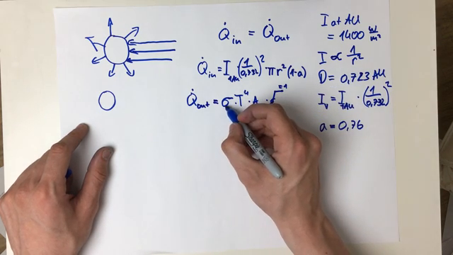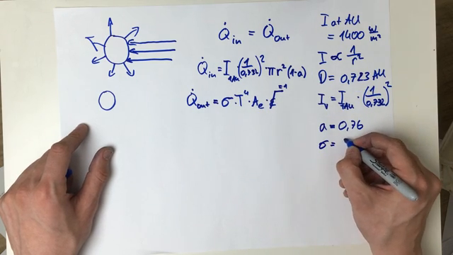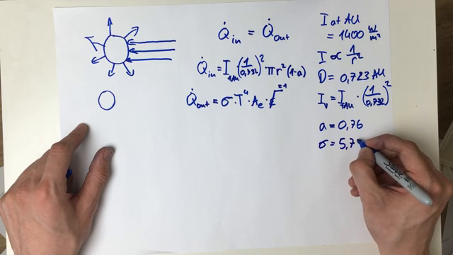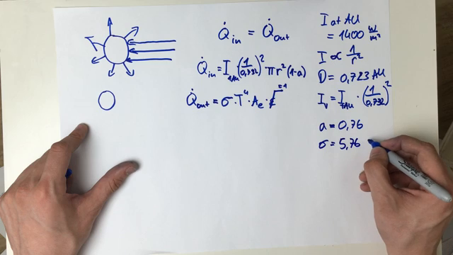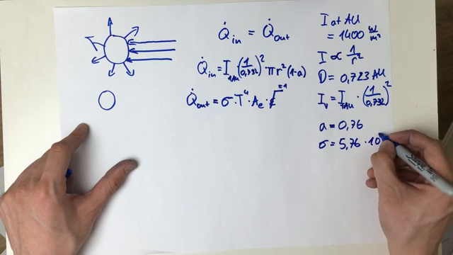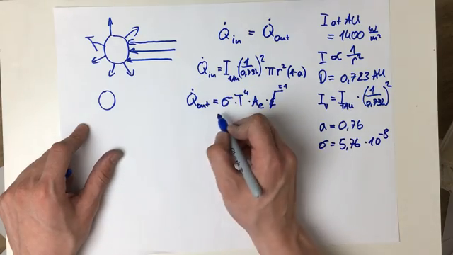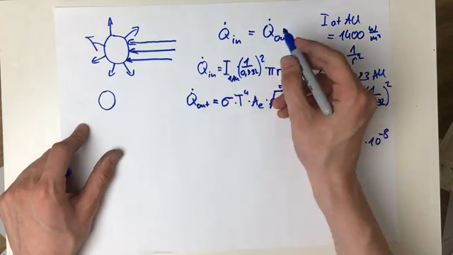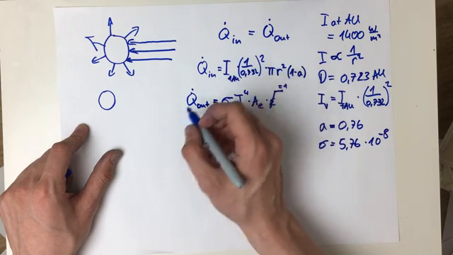So now, the Stefan-Boltzmann constant is also usually given as 5.776 times 10 to the negative 8. And now we write down all of this. So we substitute this for the input.